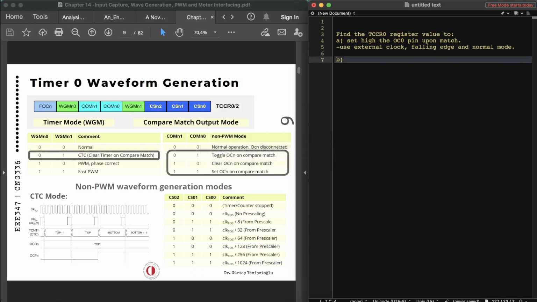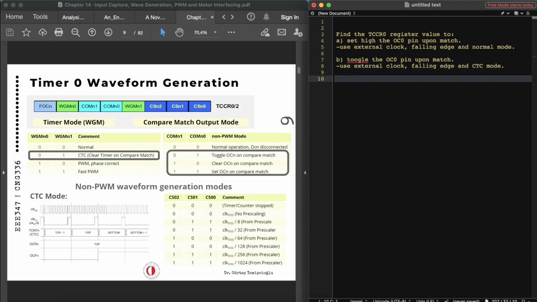And B, toggle the OC0 pin upon match, use external clock, falling edge, and CTC mode.